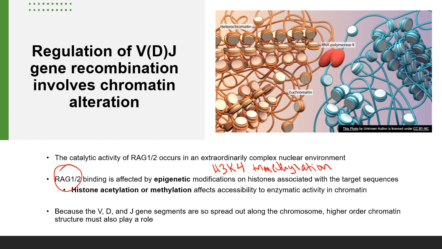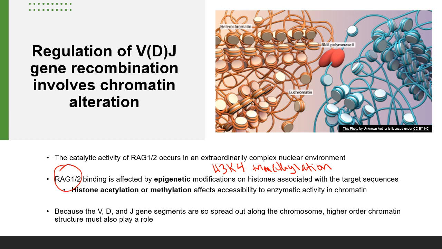This process begins on one allele on one chromosome. So at first, you only do this on one of the two copies of your chromosomes, either the chromosome you inherited from your mother or the chromosome you inherited from your father. If this recombination attempt is successful, cool, it stops there.